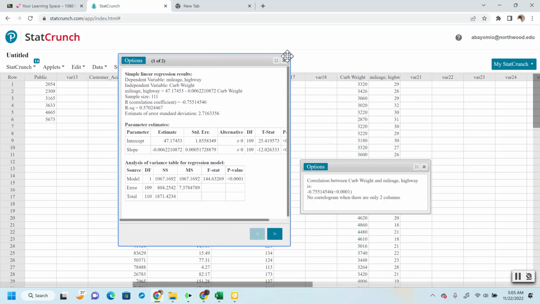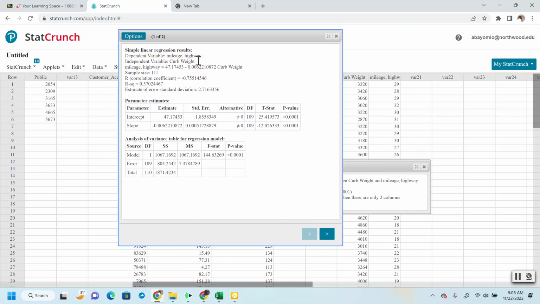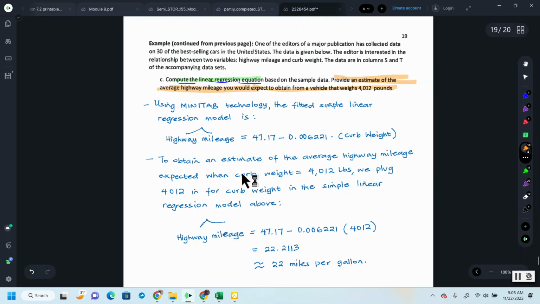So in computing this, what do I have? I have the regression equation here. I'm going to take that into my working bench. Here it is. The hat here means the predicted highway mileage based on the sample data is given by this.